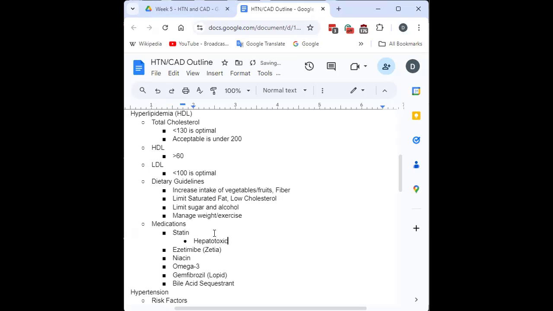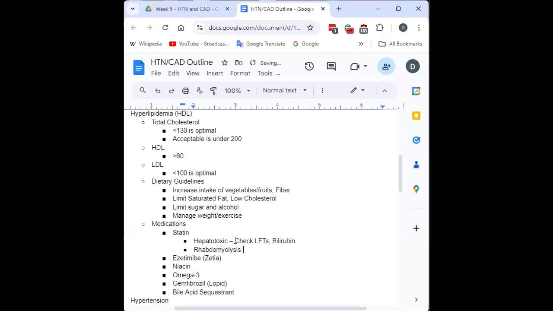Think about your liver function. Statins directly affect your liver because your liver is one of the prime producers of your cholesterol. So you want to check LFTs, bilirubin, and signs and symptoms of jaundice, and then you're also going to be monitoring for rhabdo.